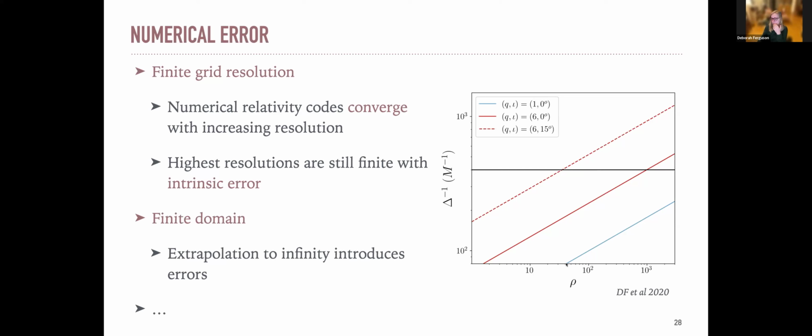You can see that for mass ratio 1, viewed face on, that's what this inclination is showing here, even at SNRs of 3,000, our resolutions are plenty sufficient. Now, when we look at a mass ratio 6 face on, as we start to reach 1,000, we're starting to need some really high resolutions to be accurate.